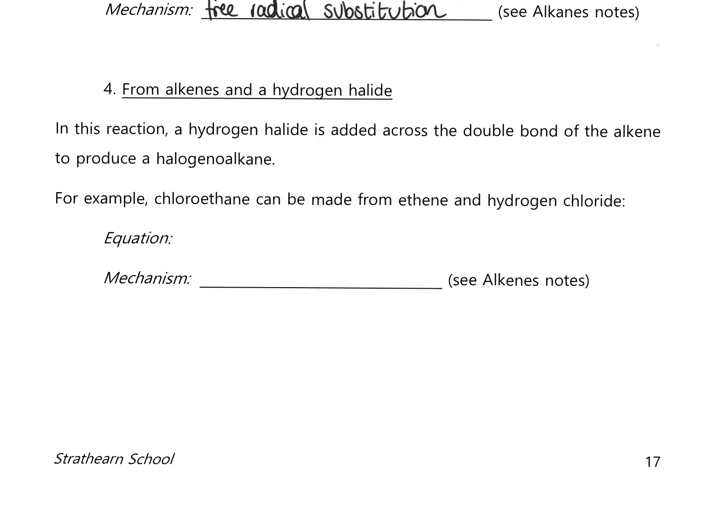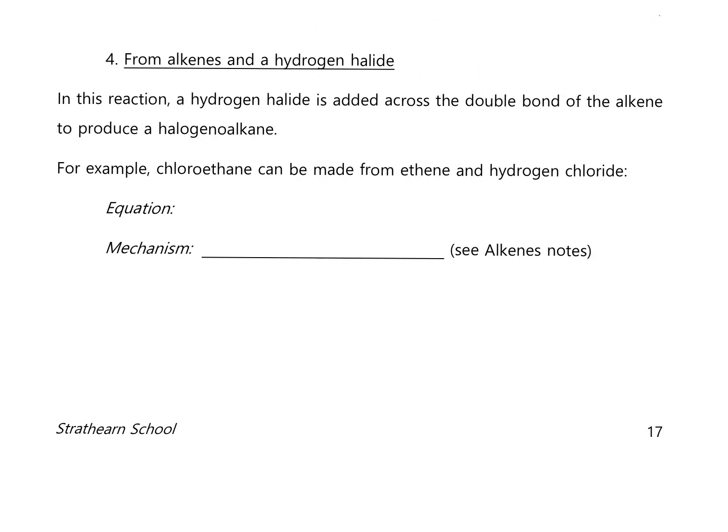And then finally, again from a topic that we've seen before, halogenoalkanes can be made from alkenes and a hydrogen halide. So for example, if we reacted ethene, C2H4, with hydrogen chloride, that hydrogen chloride molecule would add across the double bond, and that would form C2H5Cl, which is chloroethane.